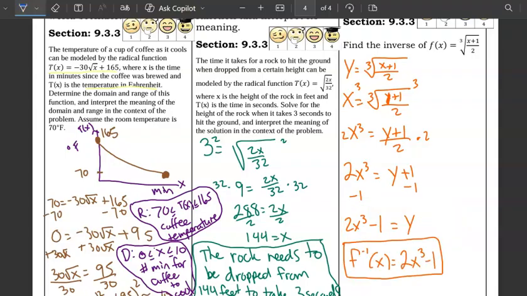Let's go back through and verbalize what the steps are. So first step, let f(x) equal y. Swap x and y. Cube each side.